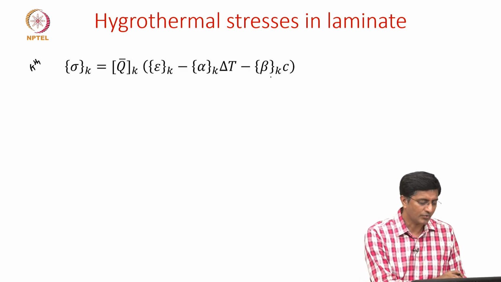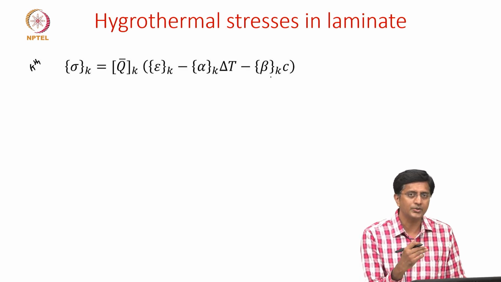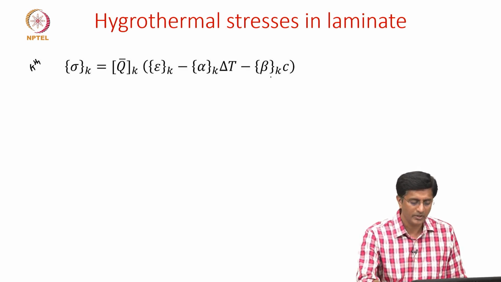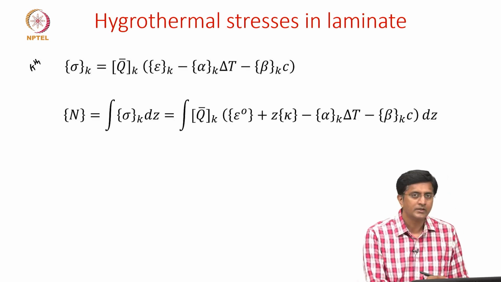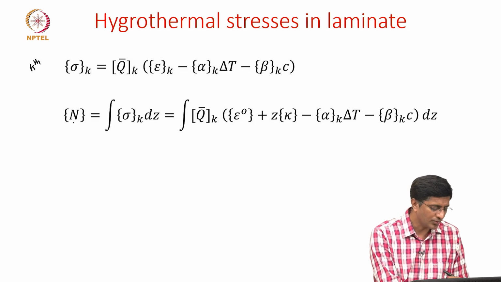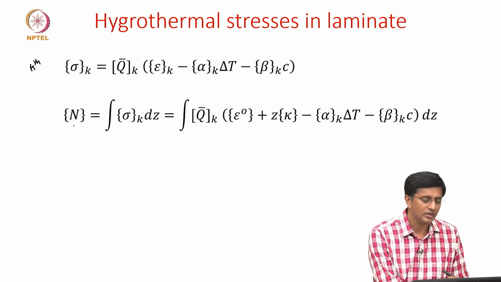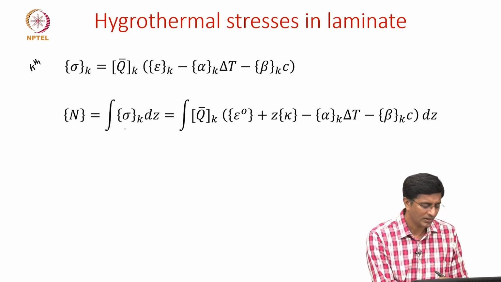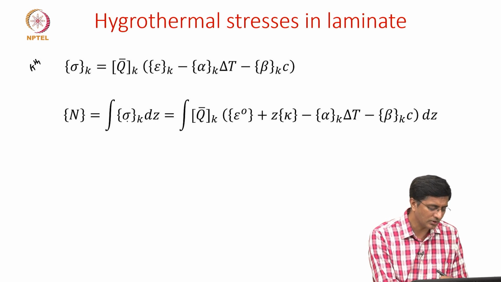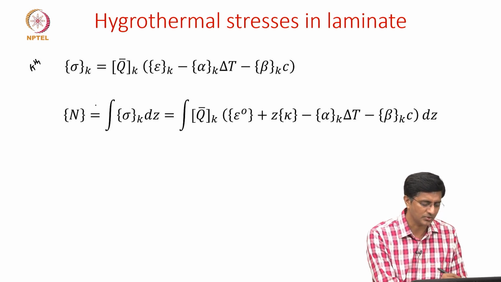Okay. So from this, let's see how we can get to the laminate level. Meaning, first we'll start with N, which are the forces. We start with the definition of forces N. In the earlier videos, we showed this N is given as the integral of stress times dz. In this integral, we will substitute the stress value from the first equation.